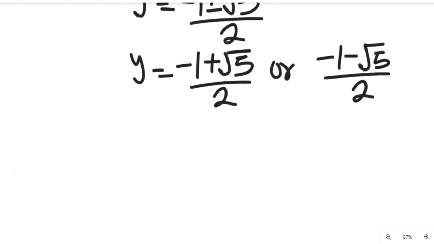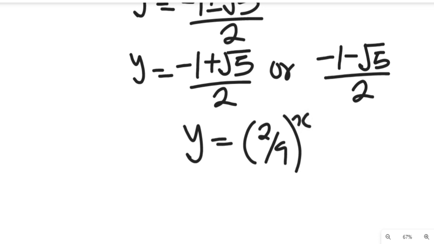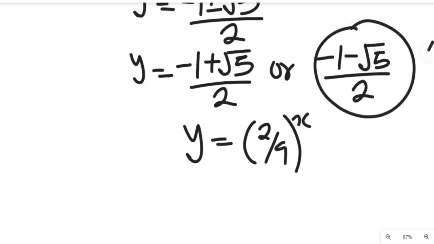Once we've gotten this, the next thing we have to do is to recall that our y is equal to 2 divided by 9 all to the power of x, right? Now recall that this whole solution will be neglected. Why? Because it's going to give us a negative result, less than 0, and so it's going to be an imaginary result. So we're going to neglect it, and then we'll work with just this.